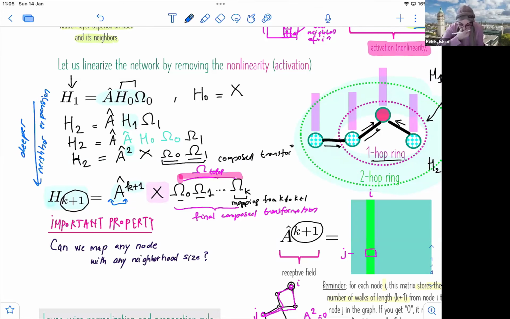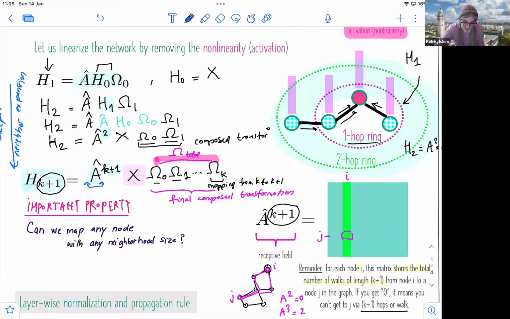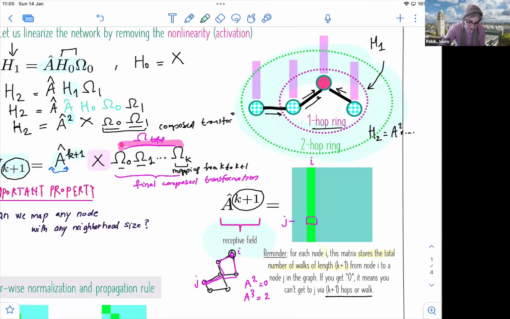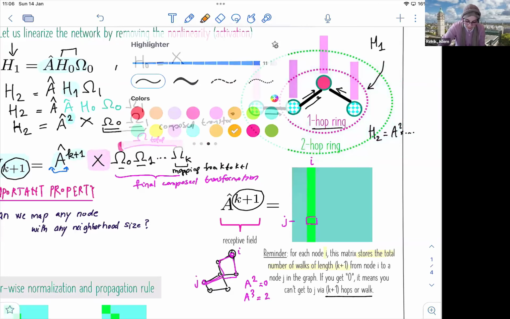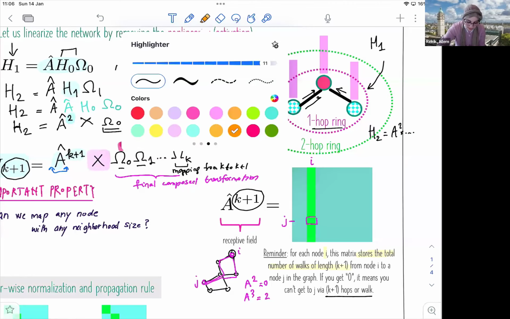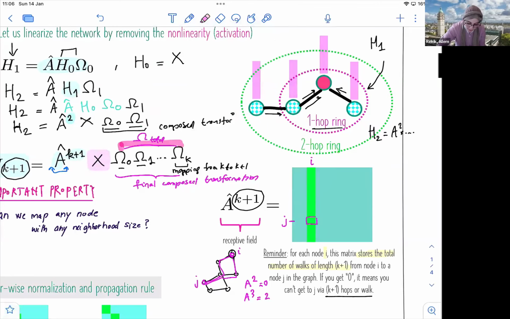In this example, this defines what we call the receptive field of a graph. The receptive field means how many nodes will influence the learning of my final embedding. In this case, we have the k+1 ring, which will influence the final embeddings that we're going to get.